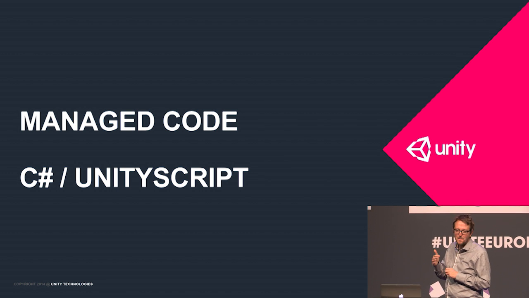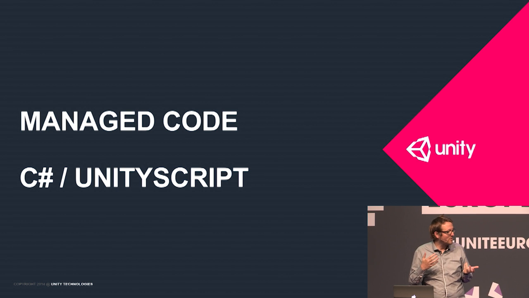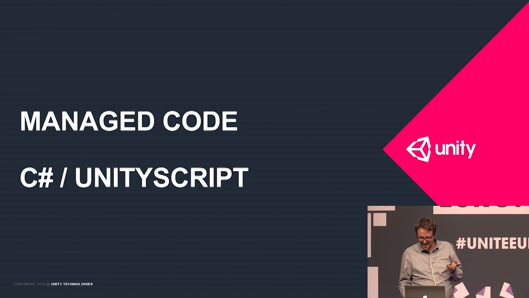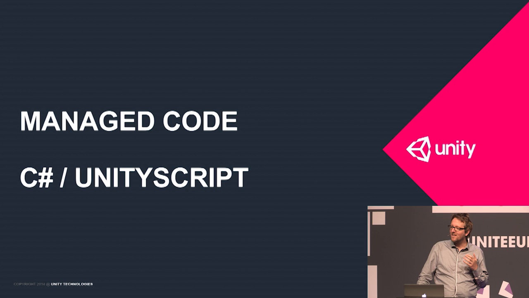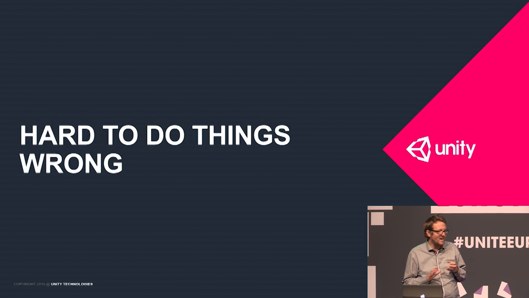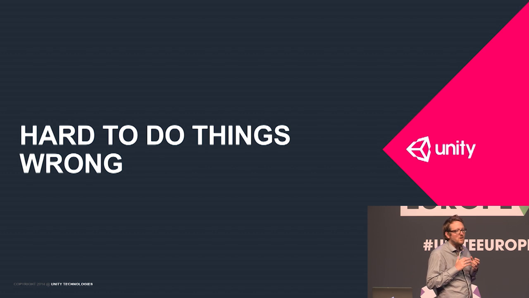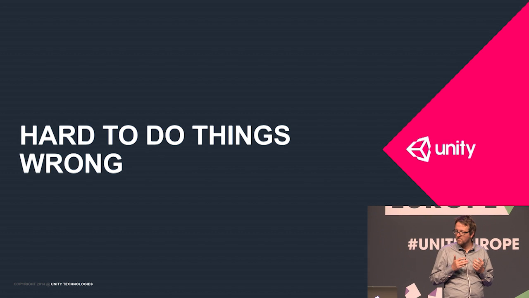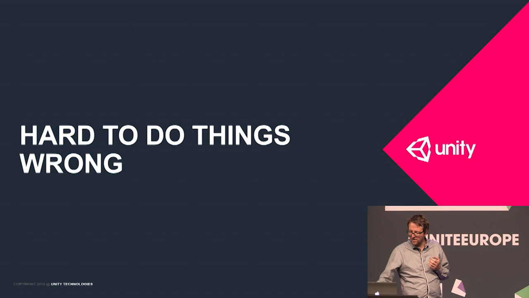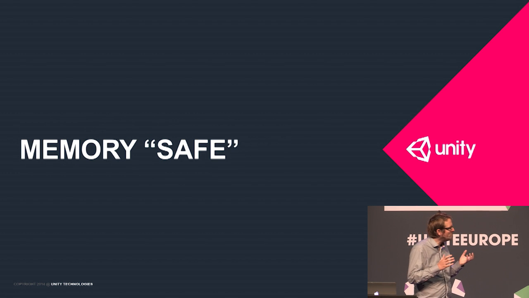In fact, I would say that most of the people that work on C++ code in Unity actually hate it. And there's a lot of things about C# that we like a lot better. The first thing is that in C#, it's much harder to do something wrong. For instance, one of the things that C# gives you is memory safety.